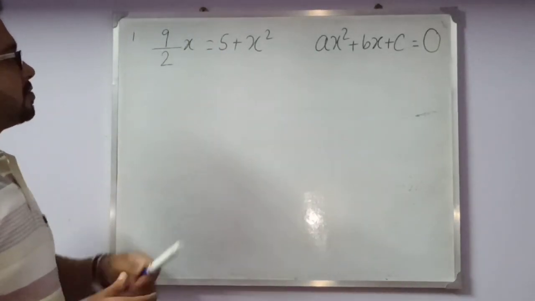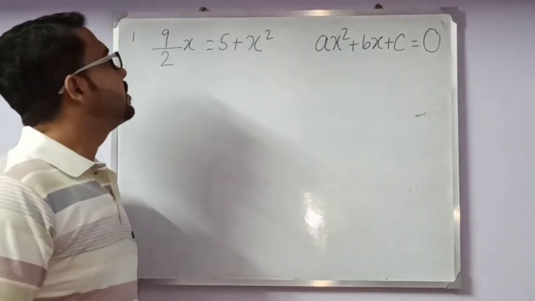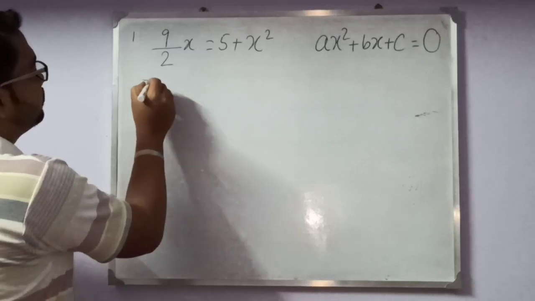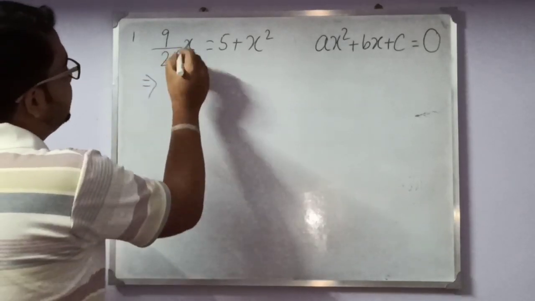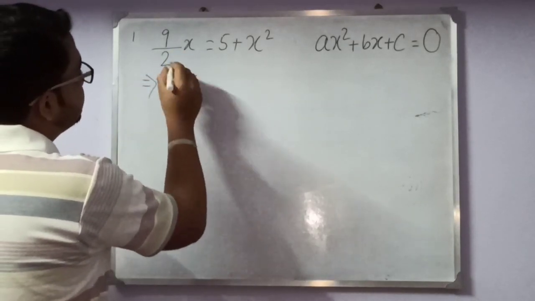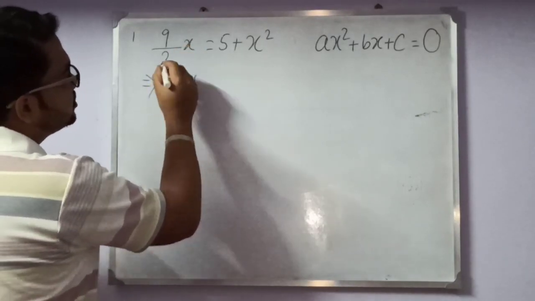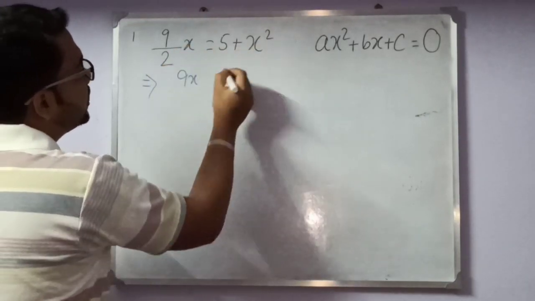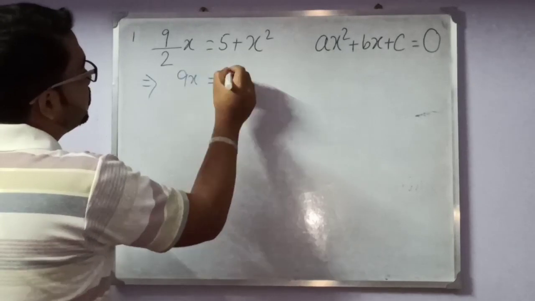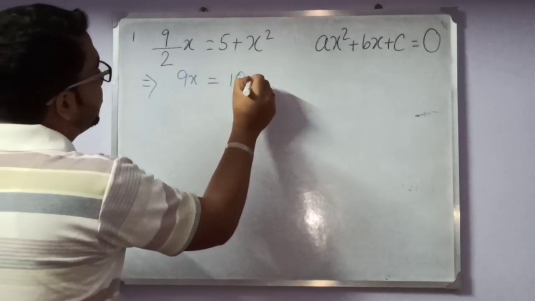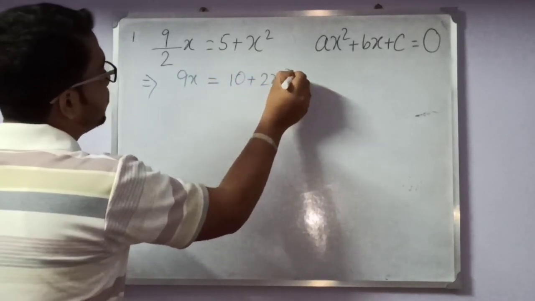So this is my first question. Now what I've done: 9x upon 2, just cross multiply these two into this part. So we got 10 plus 2x².